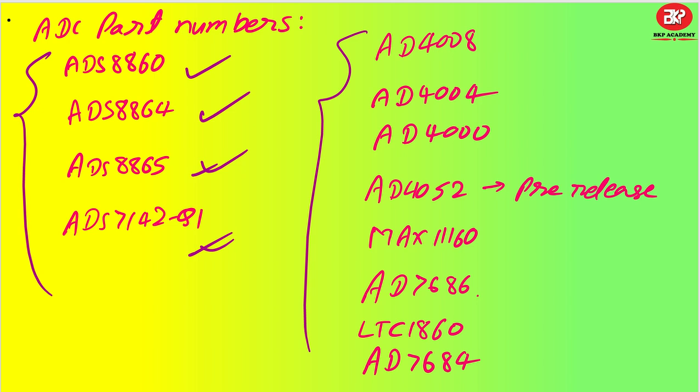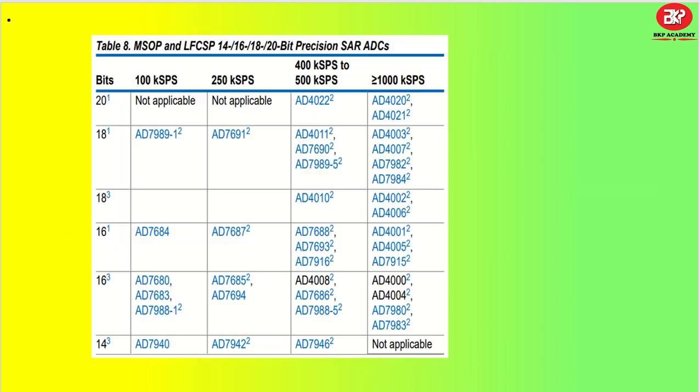What is the best way to find the ADC part number? In any Analog Devices datasheet, they give a table of the number of bits, let us say 14 bits, 16 bits, 18 bits or 20 bits, and so on. Then the speed, like 100 kbps, 250 kbps, 500 kbps or 1000 kbps. In that case you can see, let us say, 14-bit 100 kbps is AD7940.